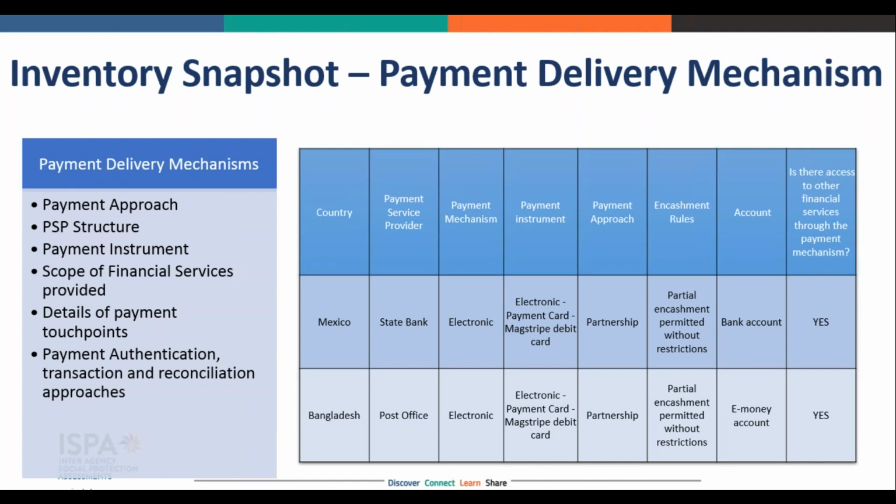Thanks. So basically, we're looking at it from the payment systems delivery mechanism, and Caroline's covered it really nicely. You see Mexico and Bangladesh. Mexico is one of the premier cash transfer programs, which has an electronic payment card, a Maestro type card. It has electronic accounts, and interestingly, it also has access to other financial services.